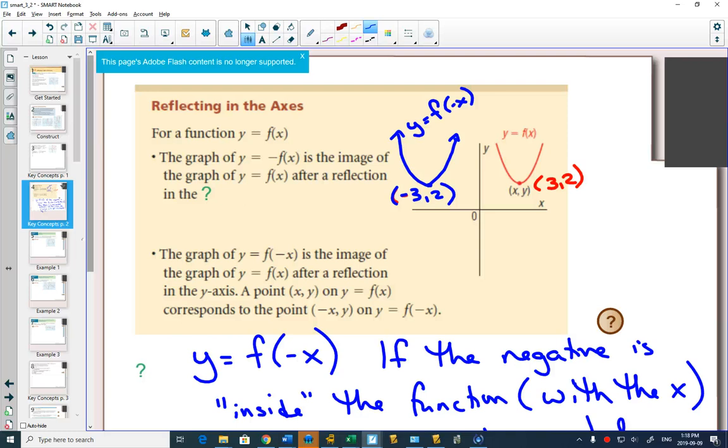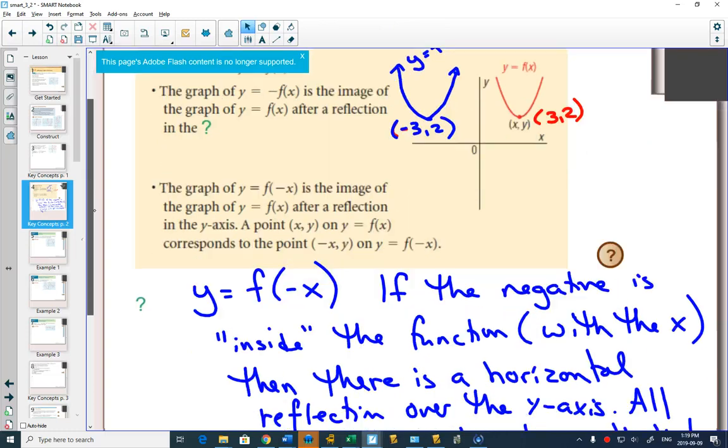So just like before, when things were inside of our function, it always moved things horizontally left and right before. Now, if a negative is inside the function, it's going to multiply the x coordinate by a negative. And that will cause your graph to get reflected over the y-axis, just like that picture.